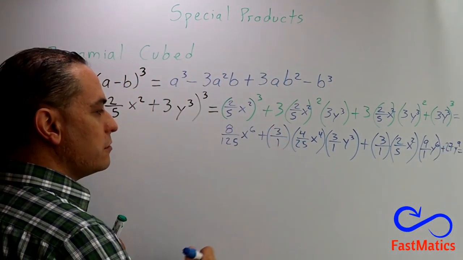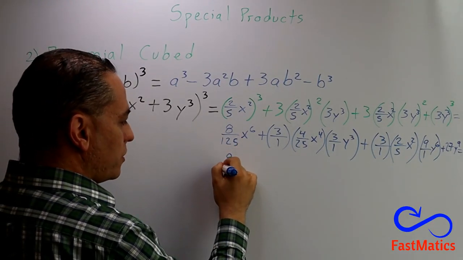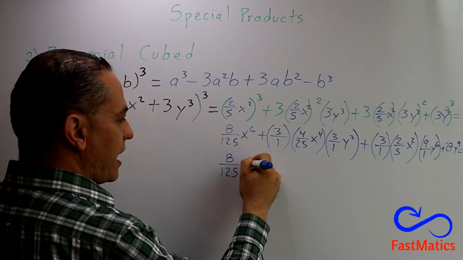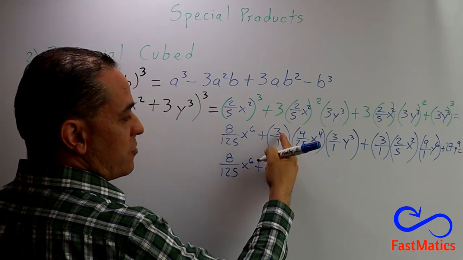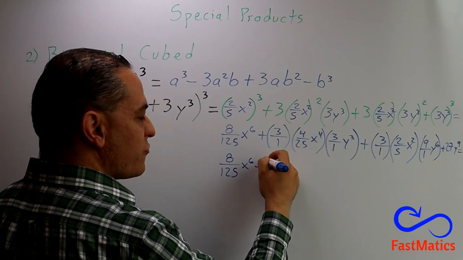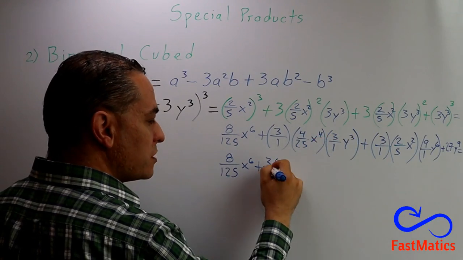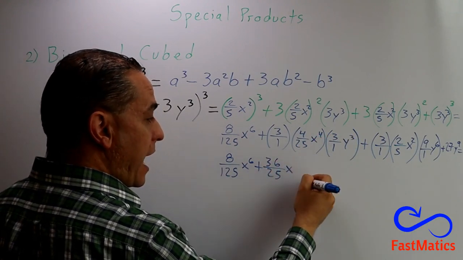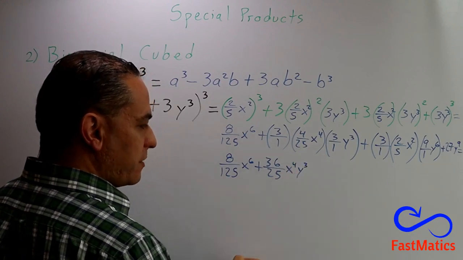We finish now. We write 8 over 125 x to the power of 6 plus 3 times 4, 12 times 3, 36 over 1 times 25 times 1, 25 x to the power of 4, y to the power of 3.